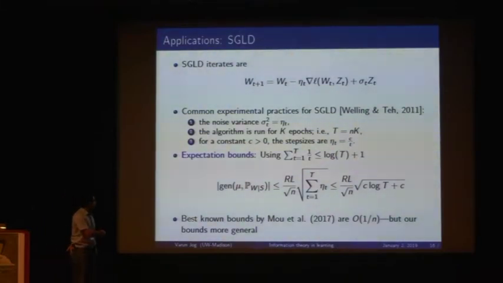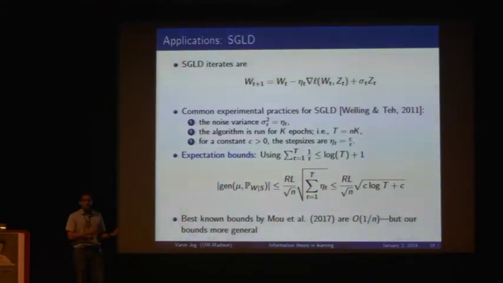I should comment that the best known bounds for the stochastic gradient Langevin dynamics are actually of order 1 over n. So our bounds are 1 over root n, which are not optimal, but there is something to be gained by using the information. This is one side effect of using the information-theoretic approach: you get bounds that are extremely general.